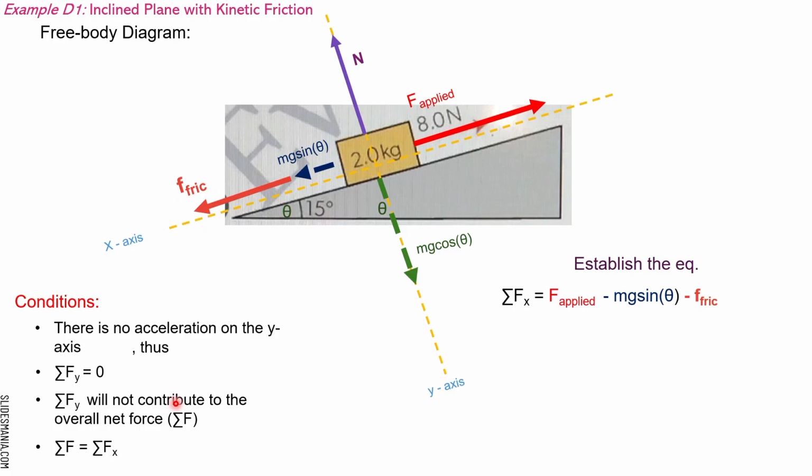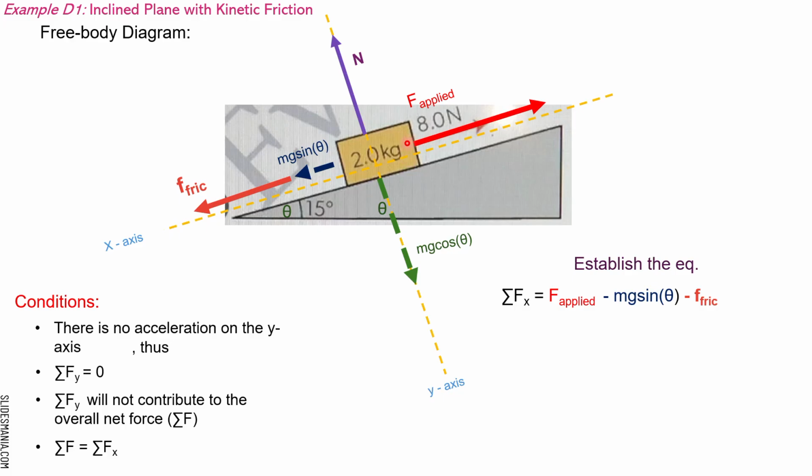So let's establish the equation. The summation, or the net external force applied to this box, at least in the x-axis, is simply equal to the applied force, which is 8 newtons, minus the parallel component of the weight that acts on the box, minus the frictional force. Notice that there are two forces that actually oppose the motion of this box.